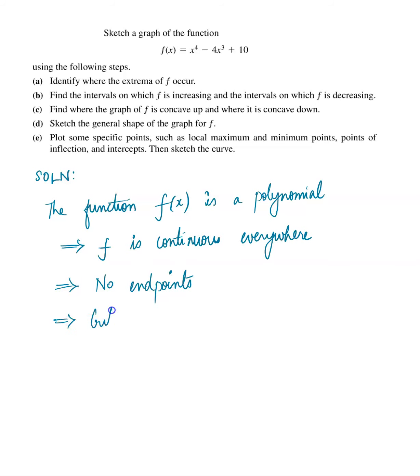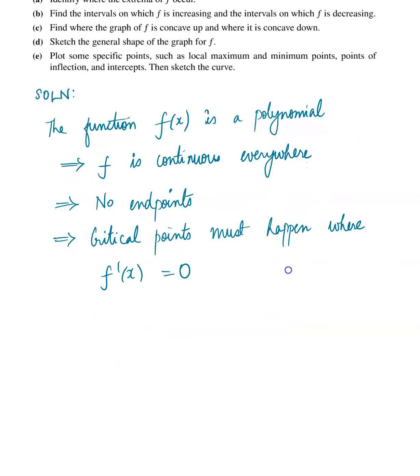This implies critical points. Critical points are the endpoints and where the first derivative is 0, where f prime of x equals 0. We understand these things. So I'll do the first derivative.